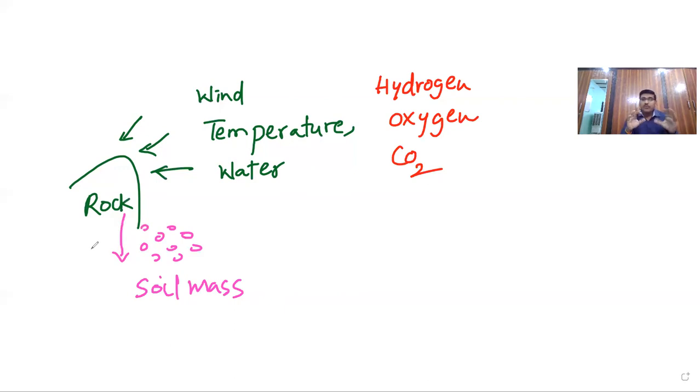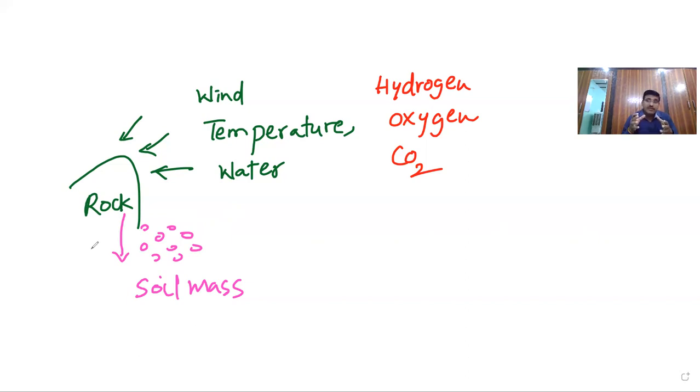But both the agents disintegrate the rock into the smaller parts. Physical agents break the rock into the bigger size of the particles. Hence, coarse grained soils are formed from the physical weathering. Whereas chemical agents slowly react chemically with the rock, and fine grained soil, finer powdered particles are formed.